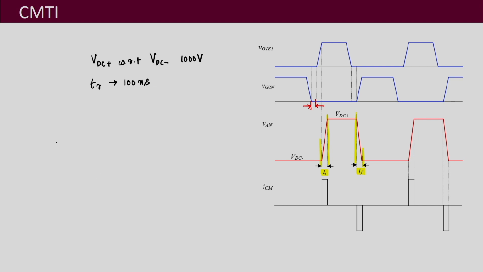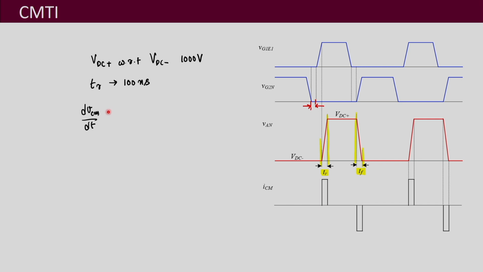Then your dVcm by dt, this common mode voltage, and note that this common mode voltage is only for this part, because this is what the rise times and fall times are creating the problem, and it becomes common to both the input and output side.